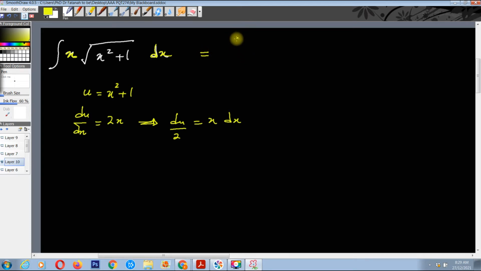So integrate square root of u, and dx du equals du over 2. So simplify this function. So you have 1 over 2 integrate u to the power of 1 over 2 du.